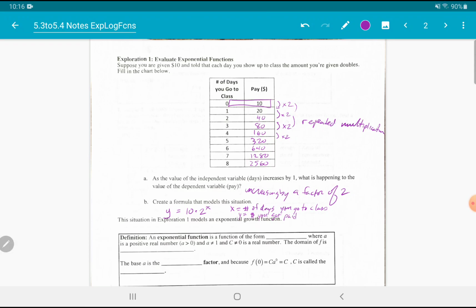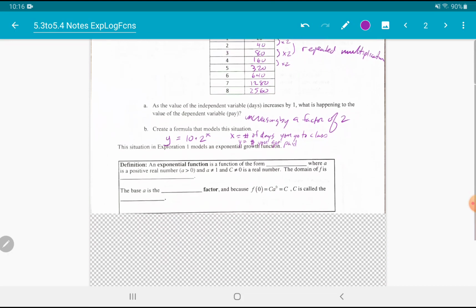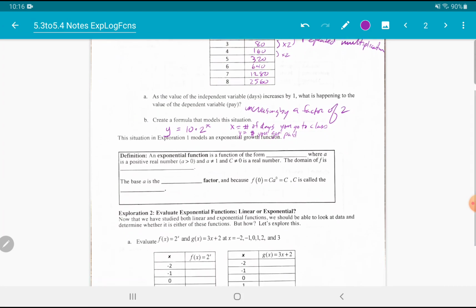Okay. All right, so let's take a look at the basic form of what we call the exponential function. An exponential function is a function of the form c times a to the power of x. You can see the c was representing the 10, the a was the 2, and the x was the x.